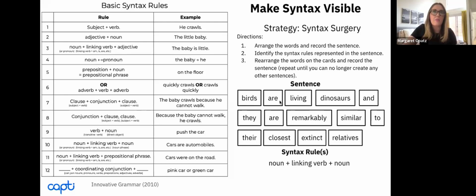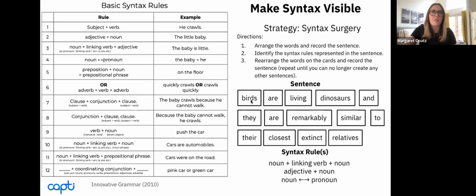So we have a noun plus a linking verb plus a noun, and living dinosaurs. Living is this adjective, so I've also got this other syntax rule that says adjectives come before the noun, and then I've also got a noun is replaced by its pronoun.